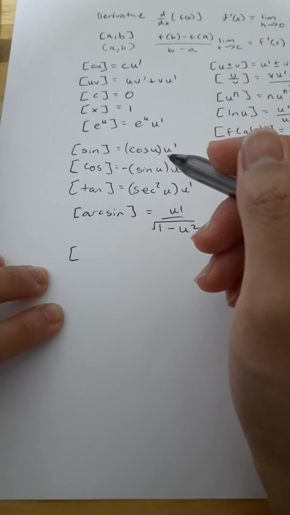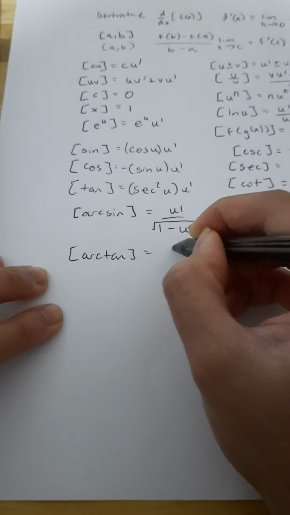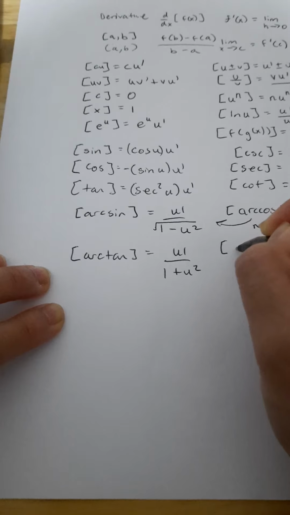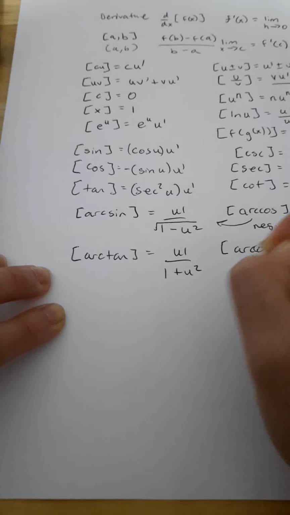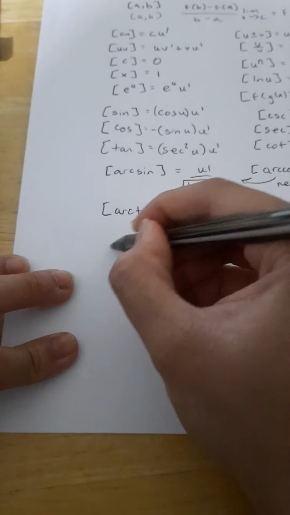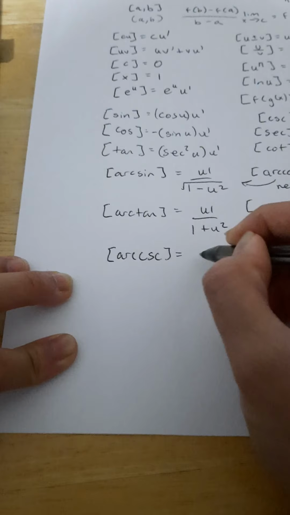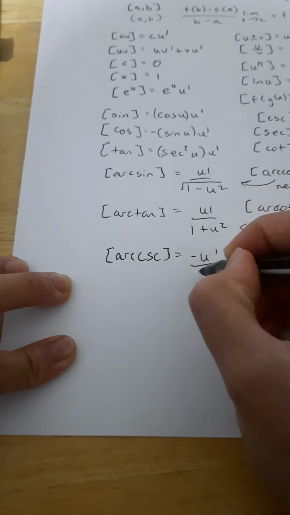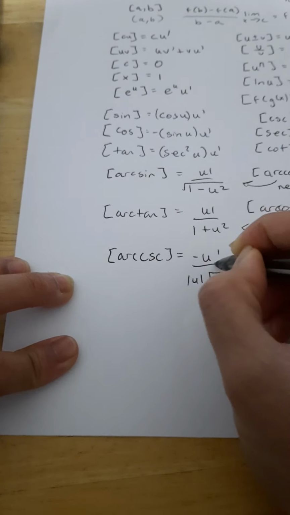Another one is arc tan, which is equal to u prime over 1 plus u squared, and arc cotangent is just the negative of the arc tan. Next is arc CSC, and that one is negative u prime over the absolute value of u times the square root of u squared minus 1.